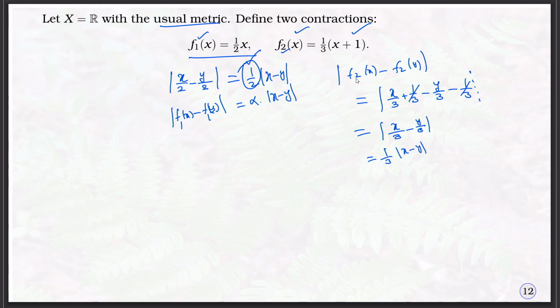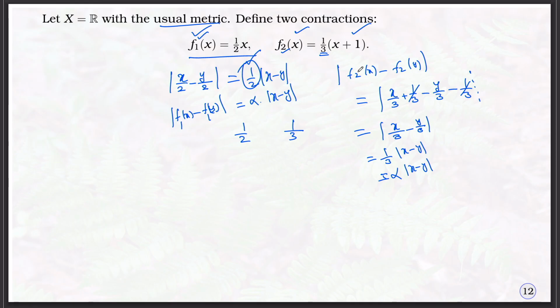So, the distance between f2 of x and f2 of y is less than or equal to 1 by 3 times the distance between x and y. Therefore, here alpha you can take as 1 by 3. So, the first mapping is a contraction on R with contraction factor 1 by 2. The second mapping is a contraction on R with contraction factor 1 by 3.